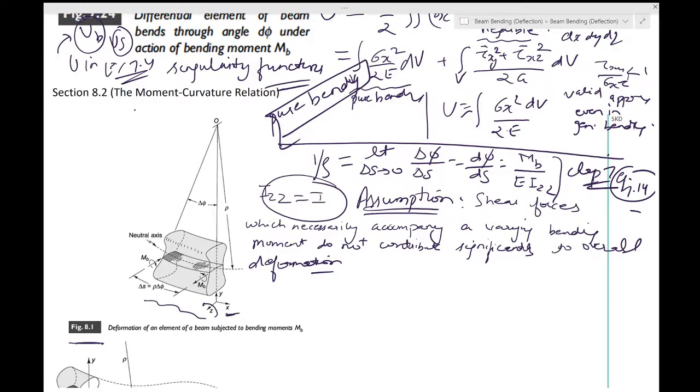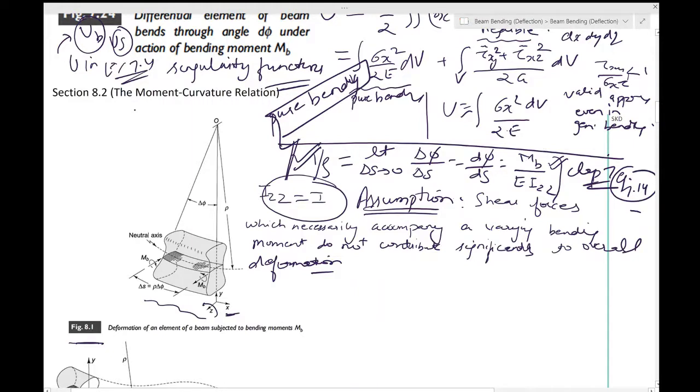So we assume that the deformation is still defined by the curvature, and that the curvature is still given by this. Because the shear forces do not contribute significantly to the overall deflection, if we know how the bending moment varies along the length of the beam, we will then know how the curvature varies. The fun part is that it was fine that M_B was a function of x.